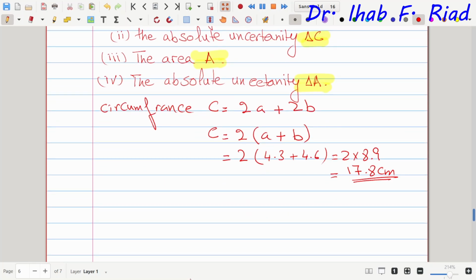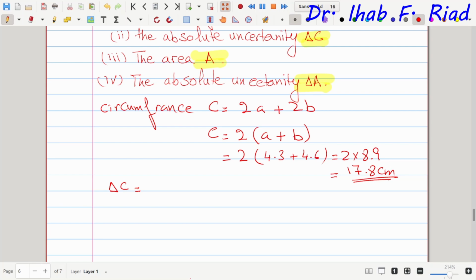Okay, this is the circumference. So what is the absolute uncertainty in this value? This is kind of a rule. If any physical quantity is made up of two or more values that are just added together or subtracted from each other, it doesn't matter, then the absolute uncertainty is simply the arithmetic addition of all the absolute uncertainties.